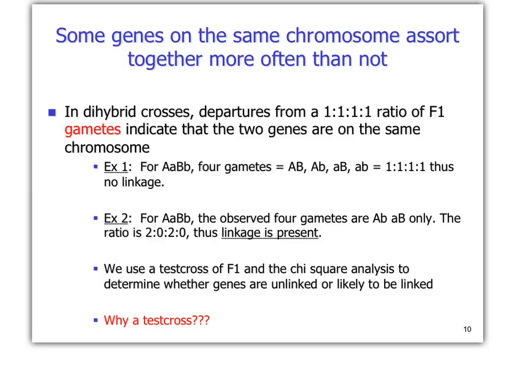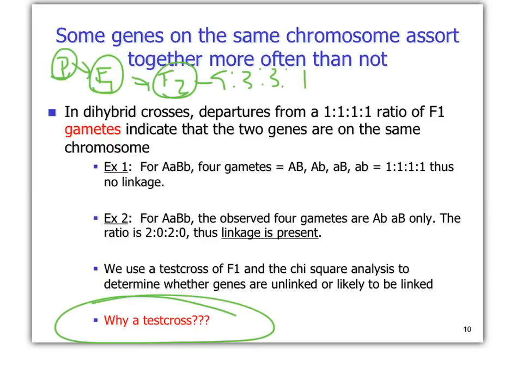Instead of doing a parental to an F1 to the F2 for this 9 to 3 to 3 to 1, we are going to do a test cross. We are going to test cross the F1 hybrid, so big P, big L, little l, times what?